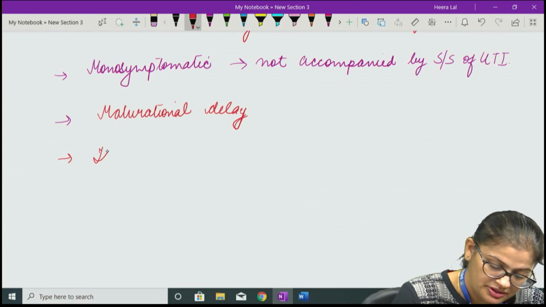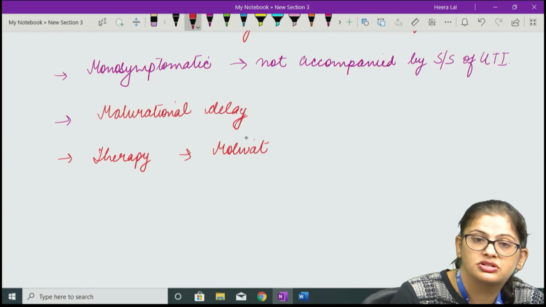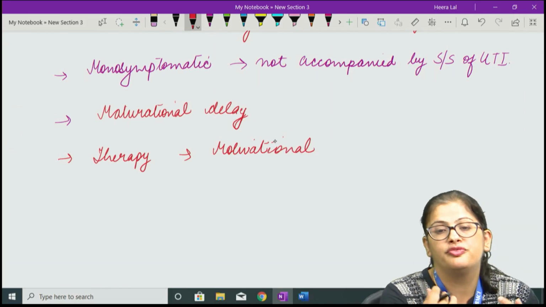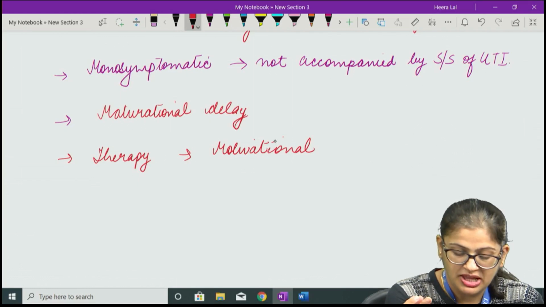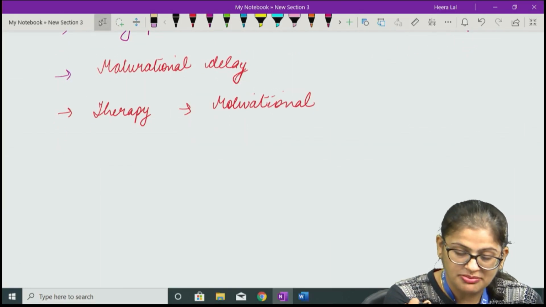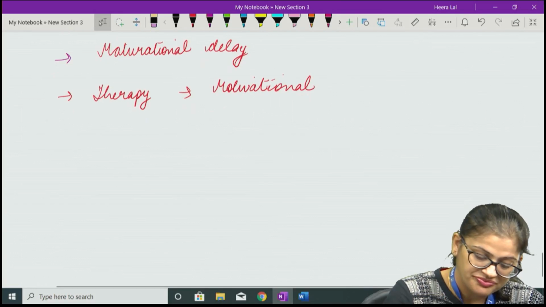And for therapy, motivational therapy is what is mostly practiced. You should restrict the intake of fluids, especially in the evening time. There are certain alarms also that are now available in the market. Sometimes you can even wake up the child before the time at which he passes urine, and he should be asked to go and evacuate the bladder.